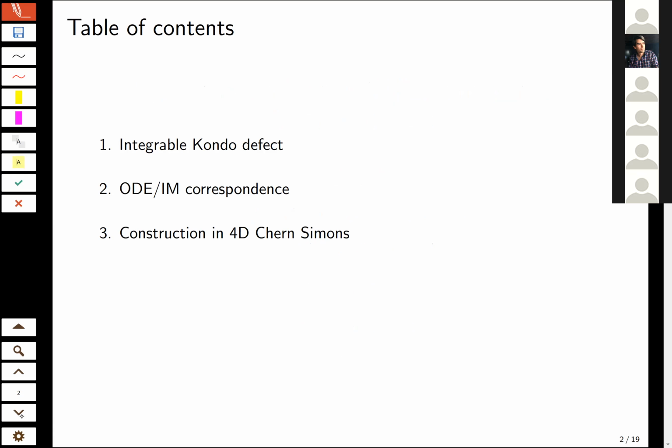And 4D Chern-Simons is a particular 4-dimensional gauge theory that is quite unusual and recently studied a lot. There's actually another one called the Gaudin model, which is also crucial for us, but I don't have time to talk about it today.